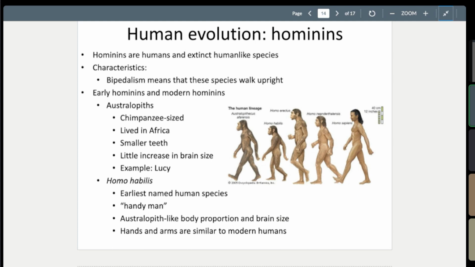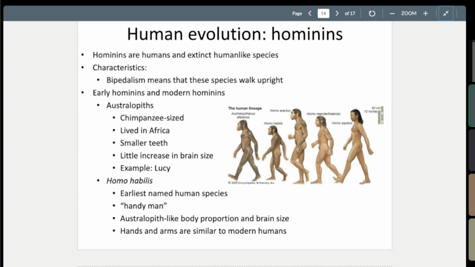So we have early hominins and modern hominins. Australopiths are the first ones. They were chimpanzee size and lived in Africa. They have smaller teeth and little increase in brain size. The example is Lucy, here, with Australopithecus and the smaller brain size.